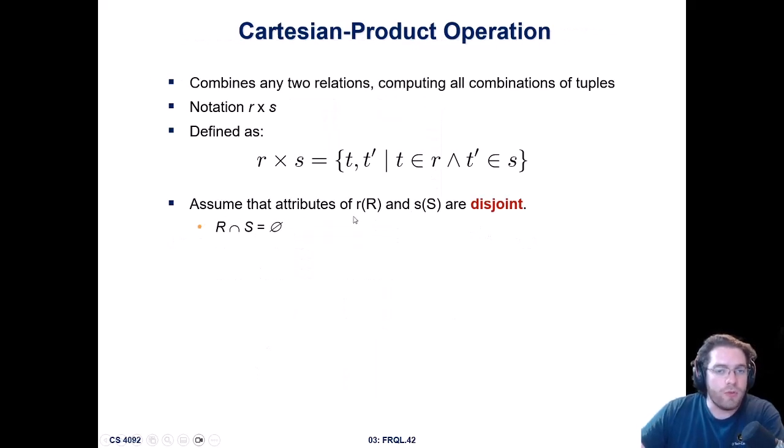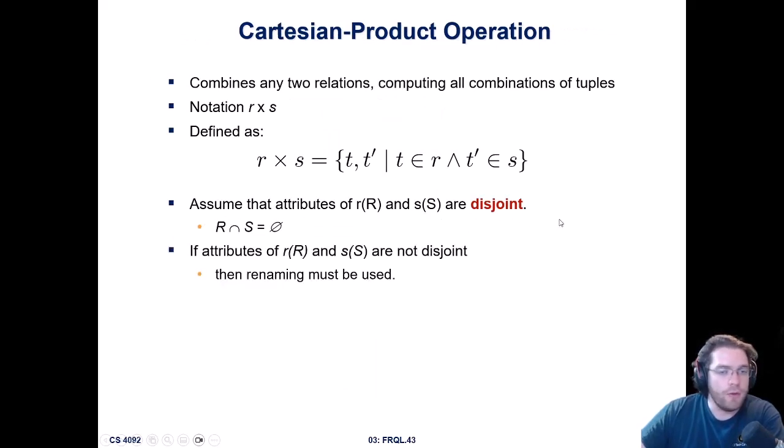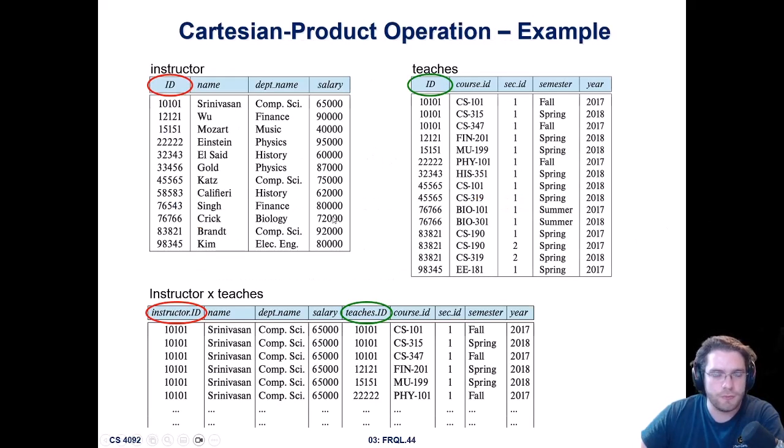This assumes that the attributes of R and S are disjoint from each other. If attributes in R and S are not disjoint, then renaming must be used, which is one of the later operations we have to look at. For a quick example of Cartesian products, we'll see here that my instructor ID, my teacher ID, is selected, but we notice that my arity might be a little off.